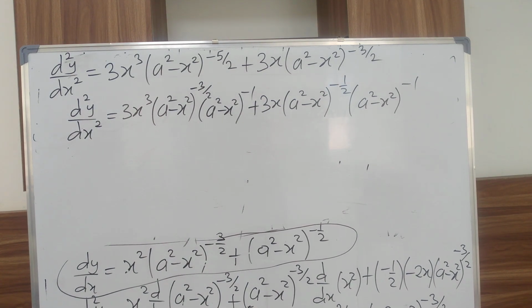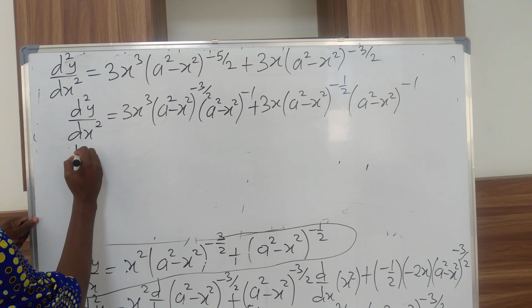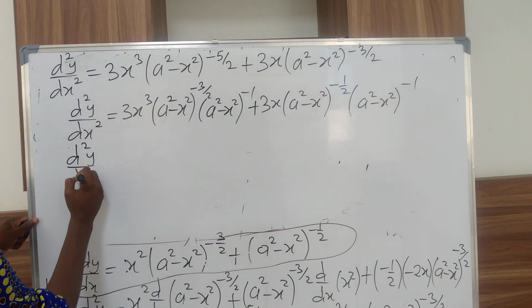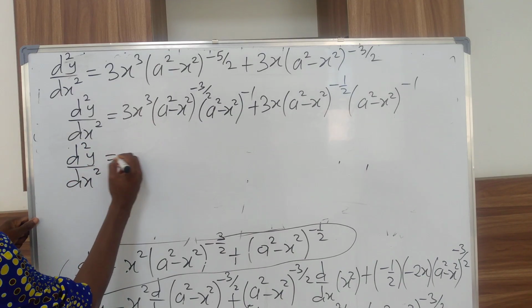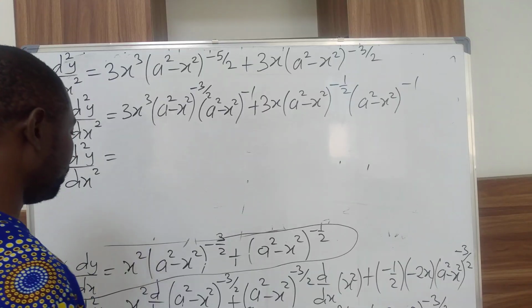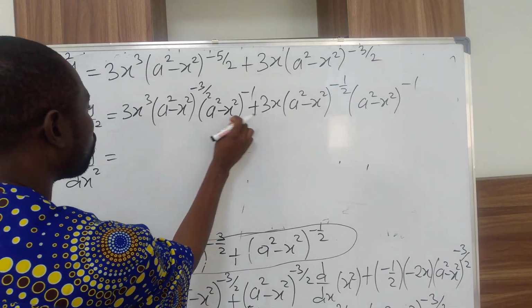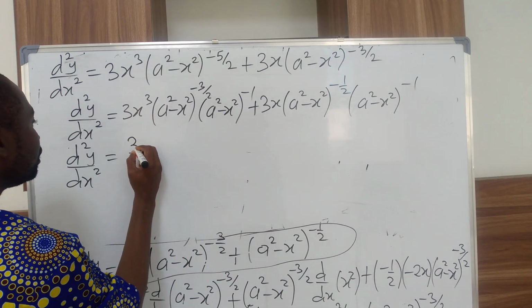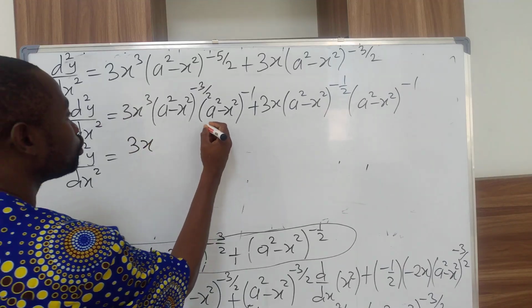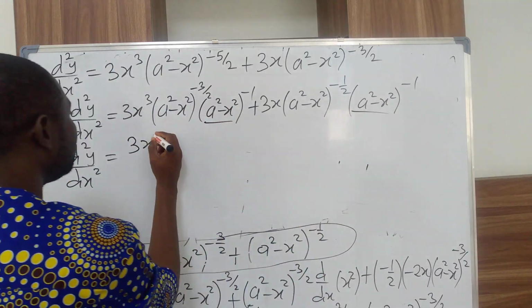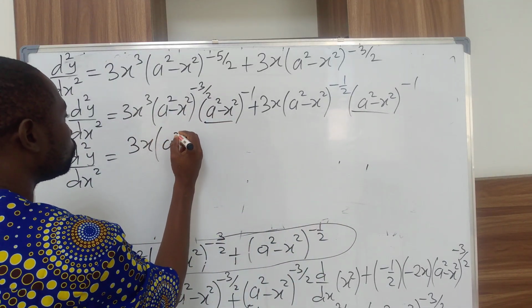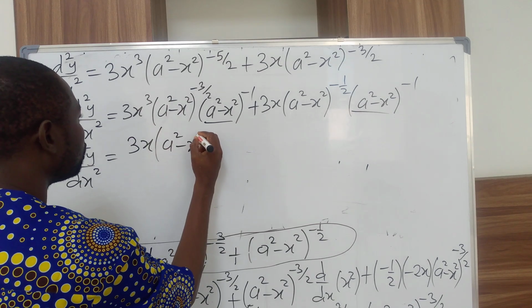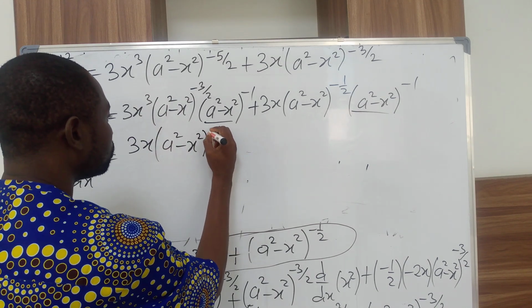The next thing is we will now bring out the common factor. The d squared y over dx squared: 3 is common here, x is common here, then this one is common. So we're going to bring out 3x. This one too is common, 3x into a squared minus x squared raised to the power minus 1.